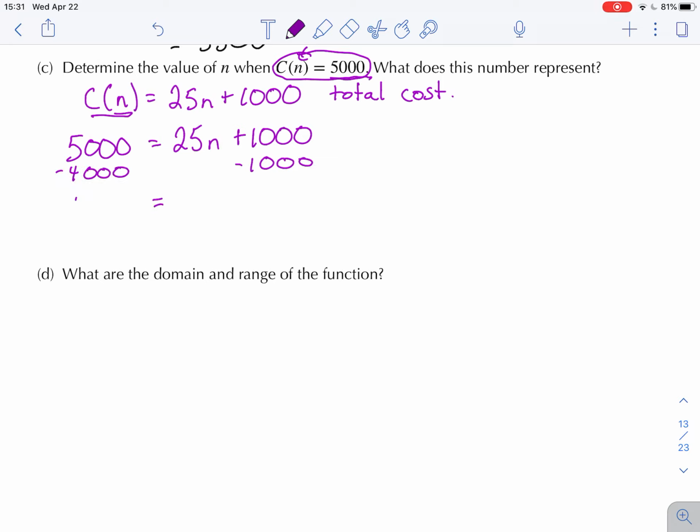Now I work the formula. I subtract 1,000 from both sides, and I get 4,000 is equal to 25n. Now I divide both sides by 25, and I'm going to get n is equal to, I can't do this one in my head, 160 people.